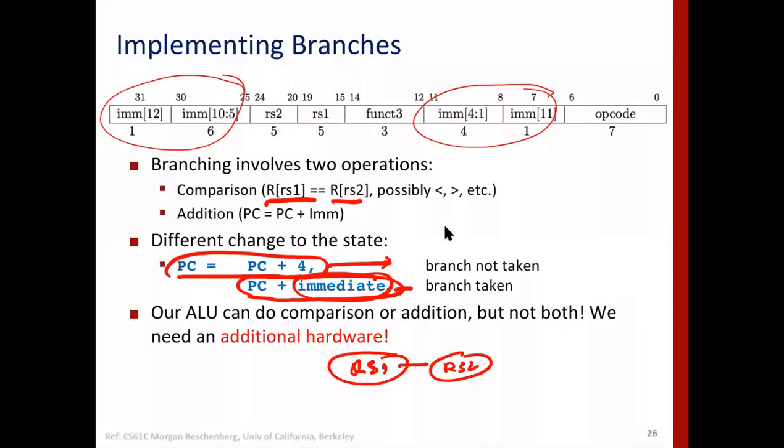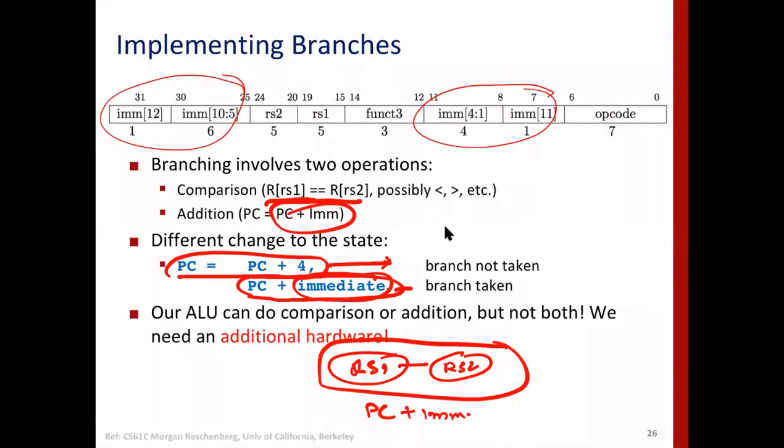So two register comparisons are there, so this is one operation. And where is the second one? The second one is PC plus immediate, which gives a target address.